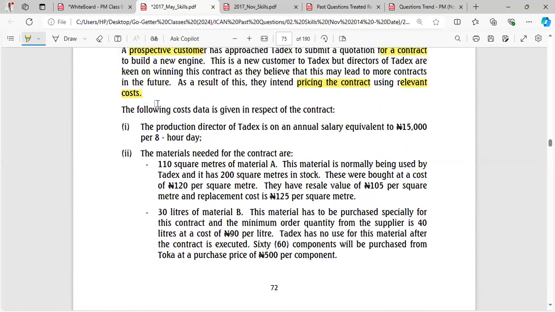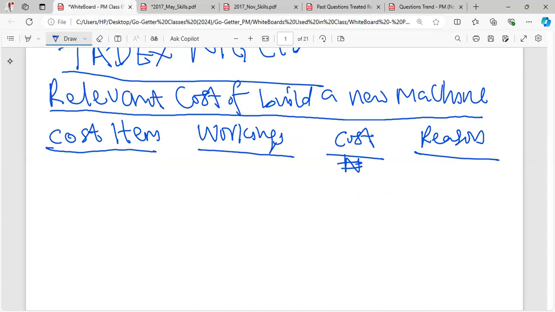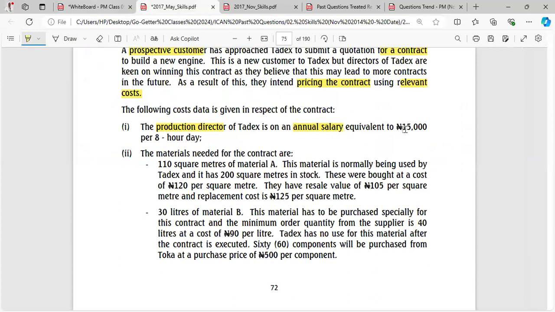We come here and say the production director of Tadex. The cost item here now is the production director, who is on an annual salary. So it is the production director's salary that we want to write. How much is it? This is 15,000 naira per 8-hour day.